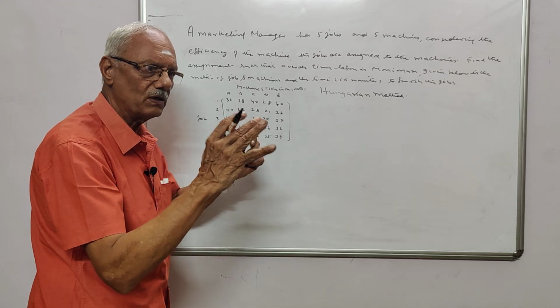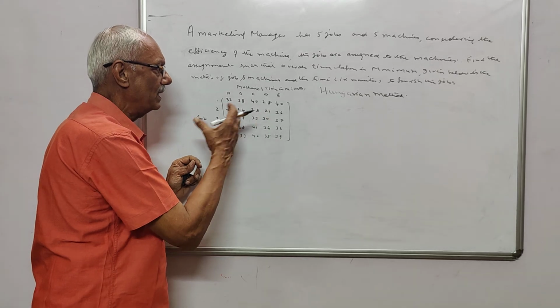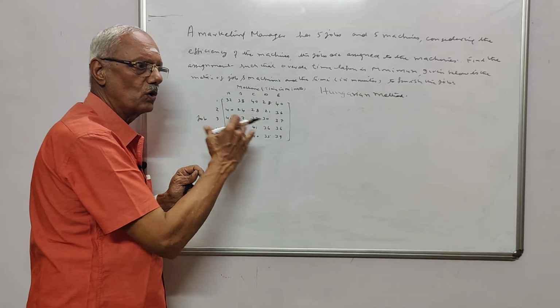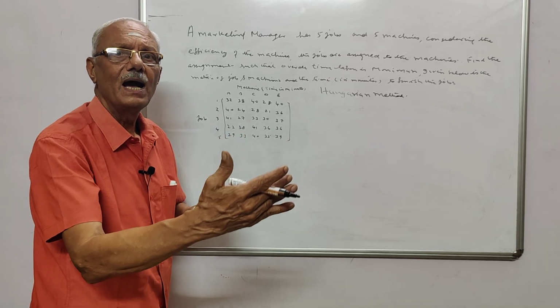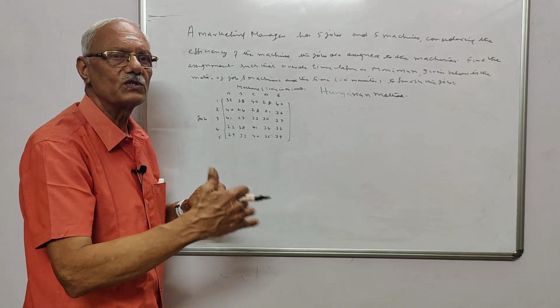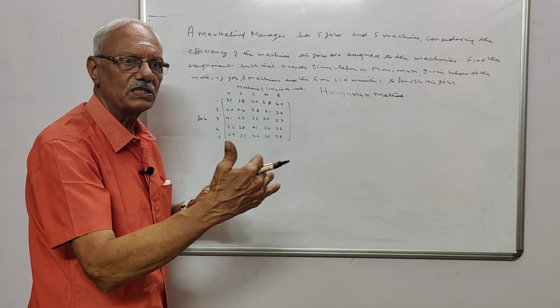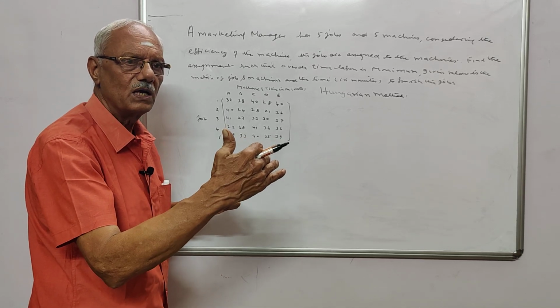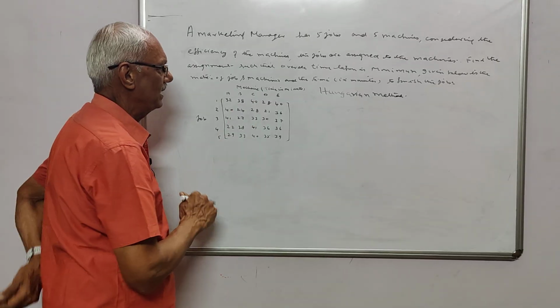There is one particular assignment for this problem. If you add or subtract constants in the rows or columns, it will not alter the assignments. Therefore, you can always go for subtraction of constants from rows, and even you can add.